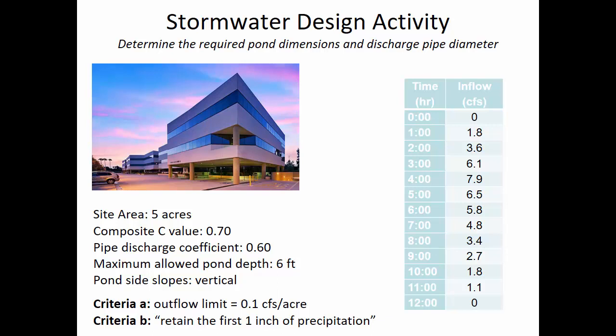Column G is going to be outflow from pond in CFS. And column H would be the volume out during increment. So we're talking about how many cubic feet are going in during a 1 hour time period and how many cubic feet are going out during a time period.